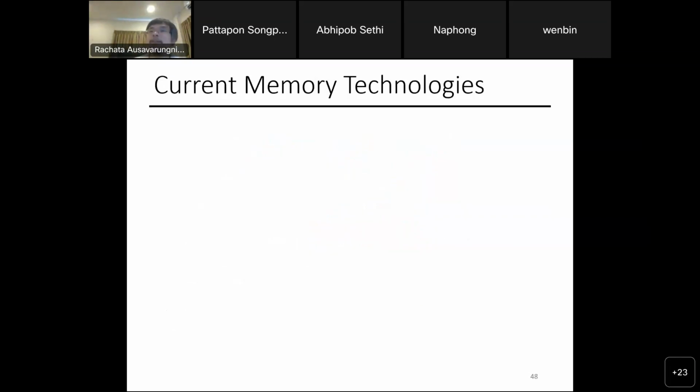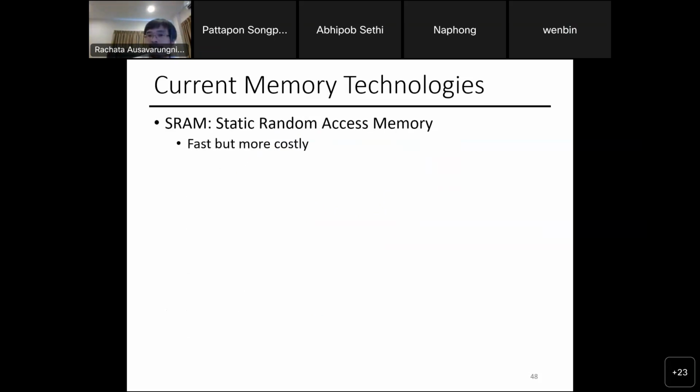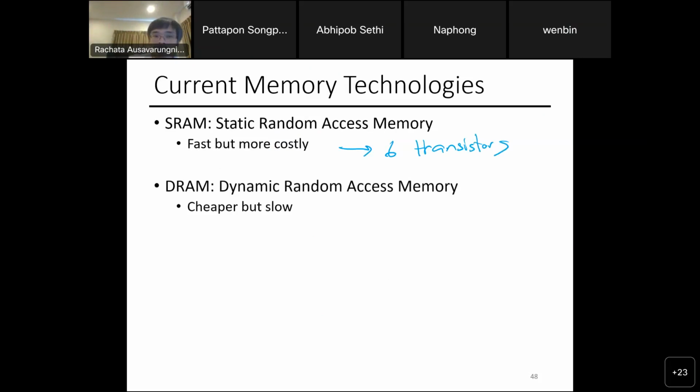And here are some current memory technologies that you use a lot. When you buy a computer, you have the SRAM. These are really fast memory. It actually consists of 6 transistors. And in the RAM that you buy, these are DRAM. This is 1 transistor and 1 capacitor.